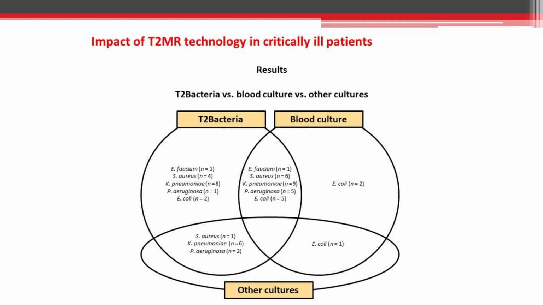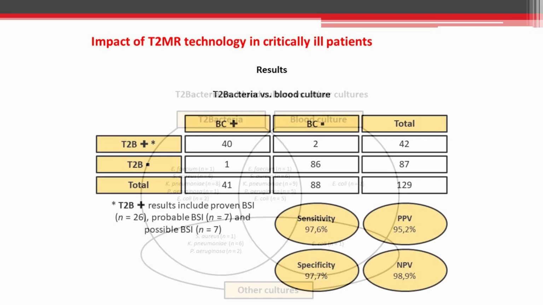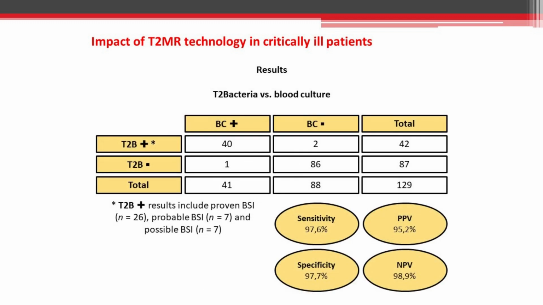You can see here that the T2 bacteria caught almost every single pathogen that was present on the samples from the patients. So if you calculate the sensitivity and specificity looking at these numbers, we will have a percentage of sensitivity and specificity that is above 97%, and this is quite huge when we are talking about bloodstream infections.